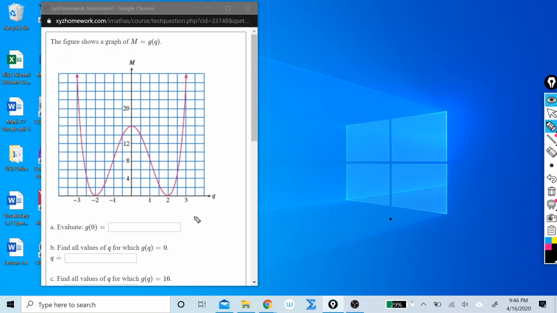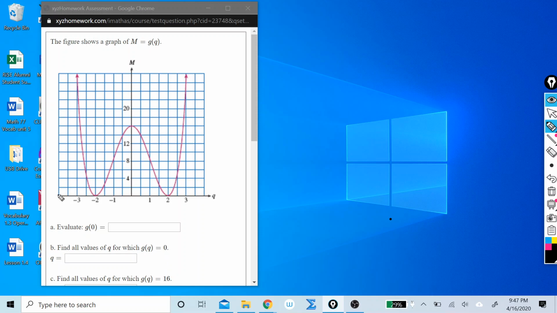Then it's asking for all values of q for which g of q is 0. So this means g of q equals 0. What's my output? When is my output equal to 0? When does m equal 0? Up here, it tells us that m is g of q, and we want to know when g of q is 0.